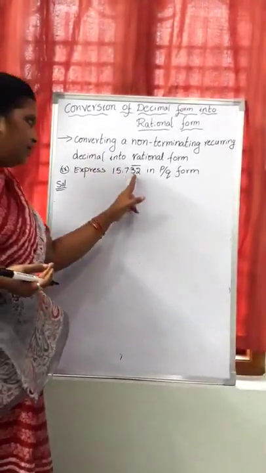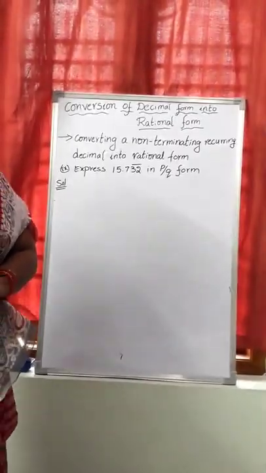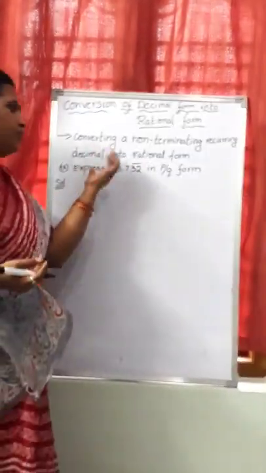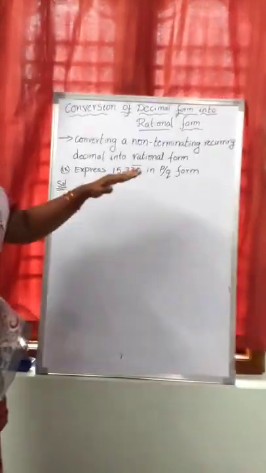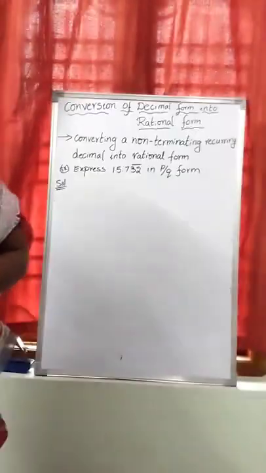That means only 2 digits are recurring. Understand? So how do we convert a non-terminating recurring decimal like this into the p by q form, that means a rational form?